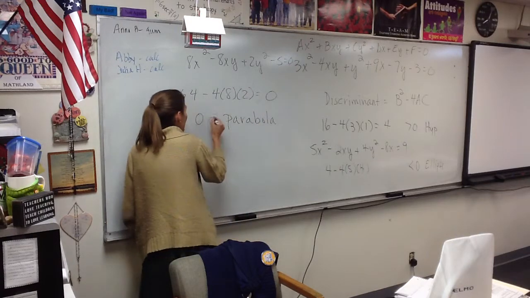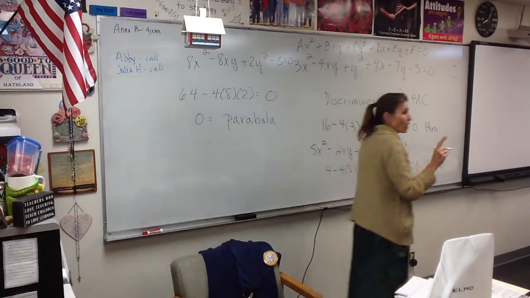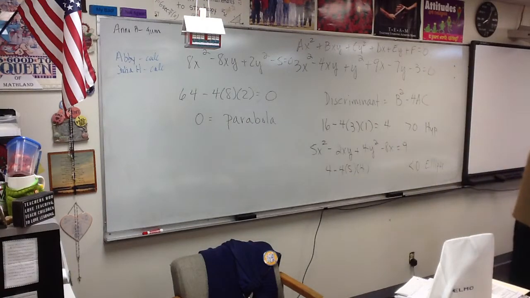Now, I heard somebody say circle. Circles are not part of this conversation. Can somebody tell me why, when I'm dealing with rotations, circles are not part of the conversation? Circles can't be rotated. Well, they can be, but what happens when you rotate a circle?